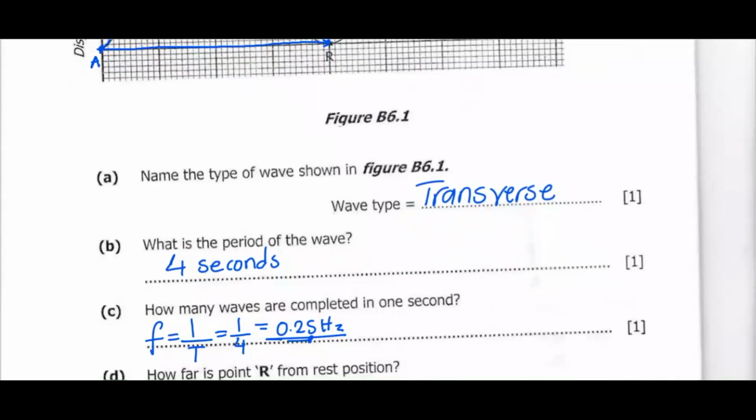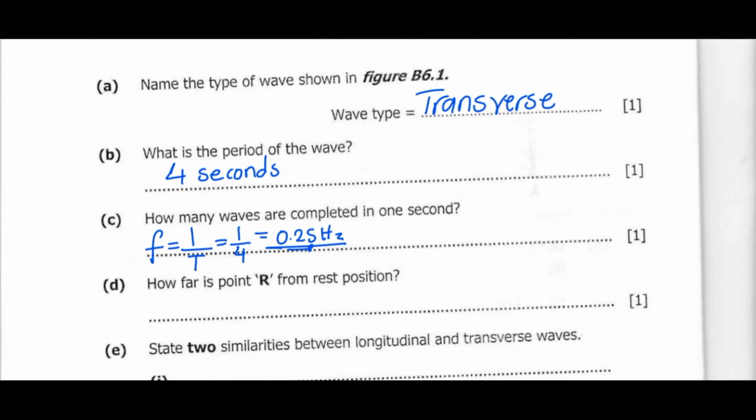So it's 20 centimeters, and this is the amplitude, or 0.2 meters in meters. So it depends where you are giving your answer. Though according to the books, the amplitude must be in meters, so it's 0.2 meters.